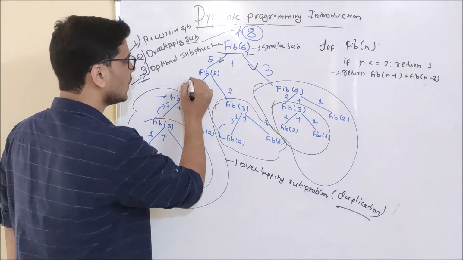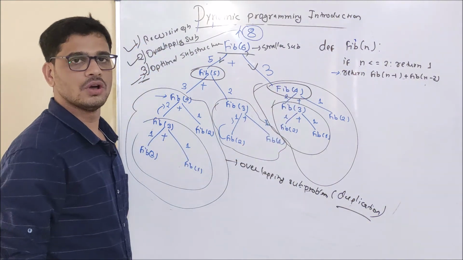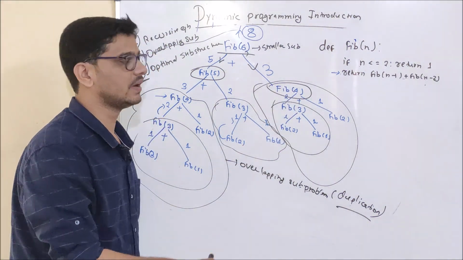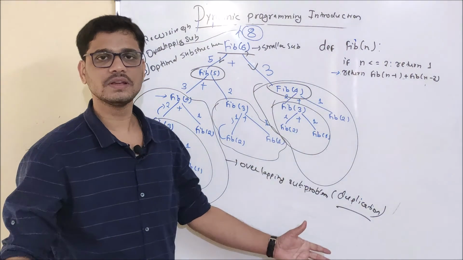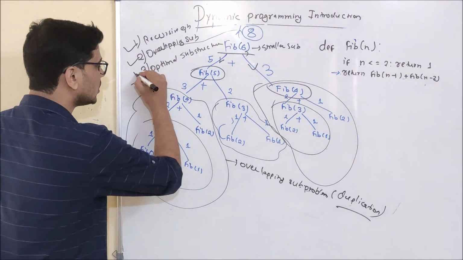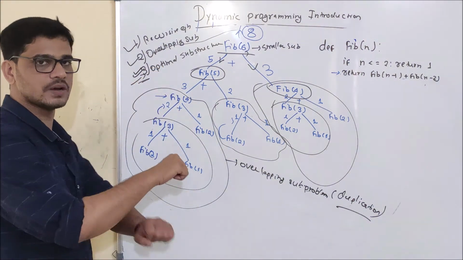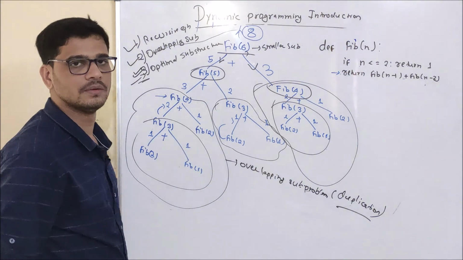And one more thing, fib of 5 and fib of 4 will produce an optimal answer in themselves. Why? Because they use the same recursive code which is already optimal. So the third condition, the optimal substructure property, breaking a problem into sub-problems, is also satisfied here.